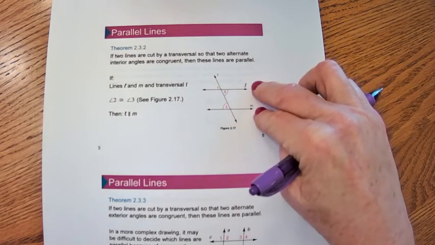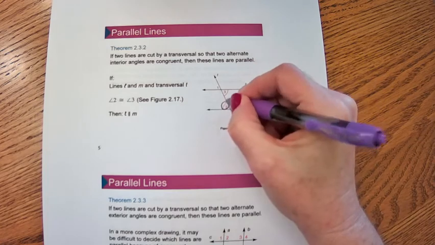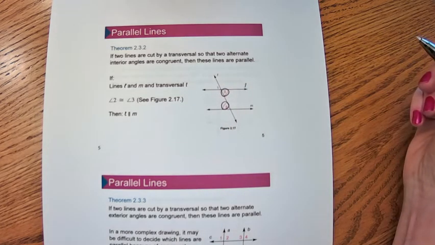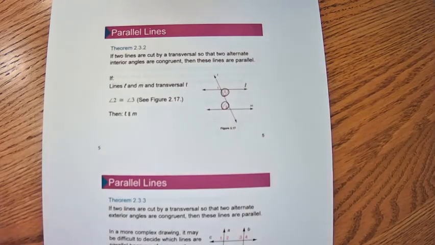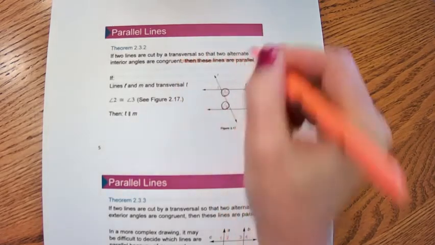So here we have if two lines are cut by a transversal and alternate interior angles are congruent, then the lines must be parallel. So we're ending with then the lines are parallel.